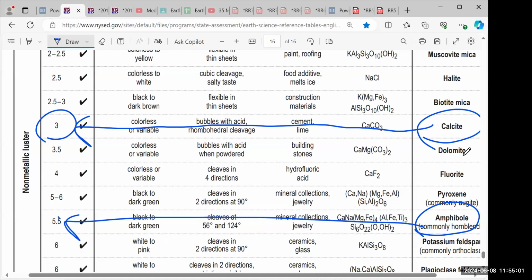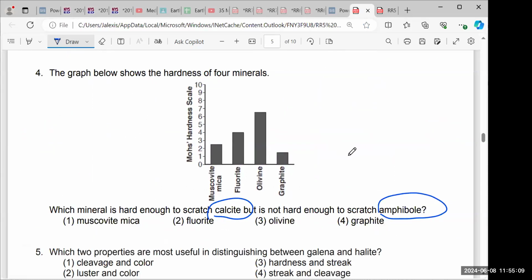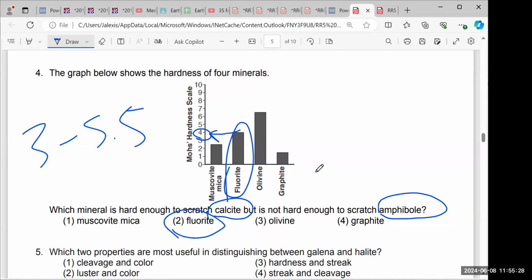So I'm looking for a mineral that is 3 or greater, but less than 5.5. And the only mineral that is 3 or greater, but less than 5.5, is fluorite, because it has a hardness of 4. So it fits in between that range, right, of a hardness of 3 to 5.5. So fluorite is the correct answer.